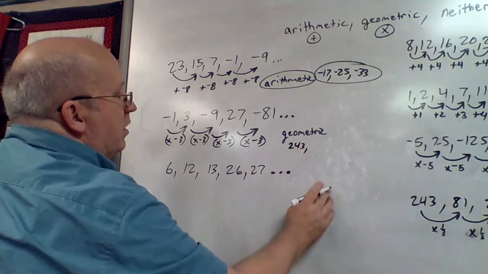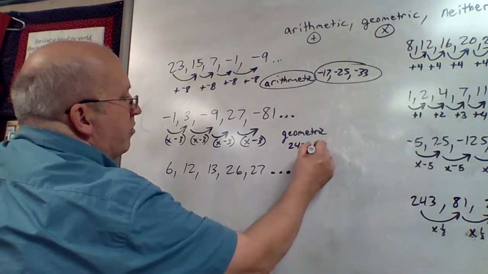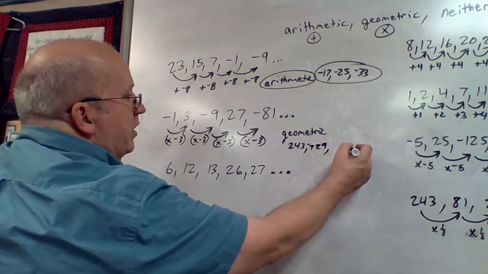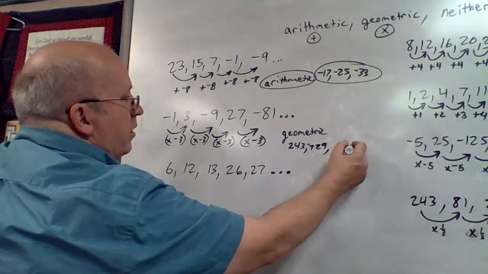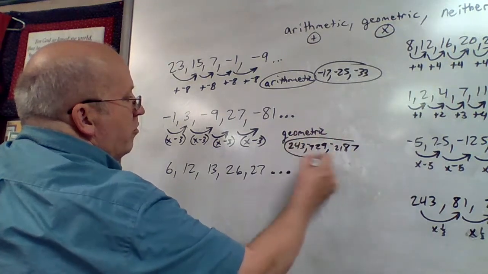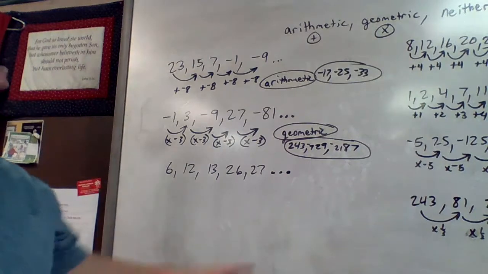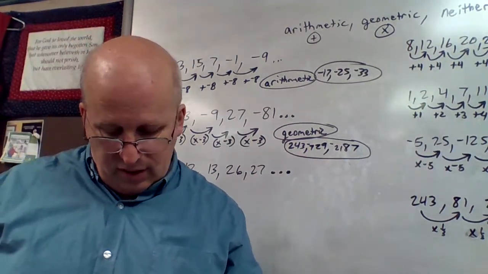And then after that, negative 729. And then times negative 3 again would make positive 2,187. So it's 243, negative 729, and then 2,187, I think, for that one.